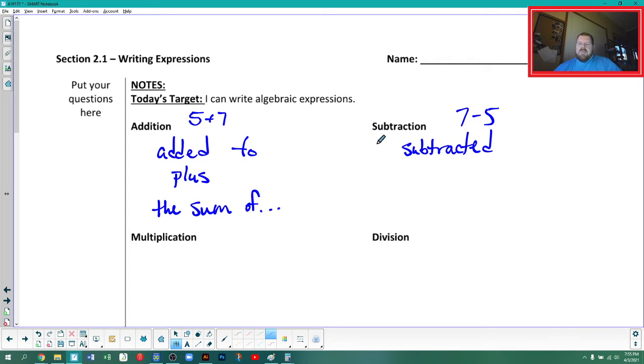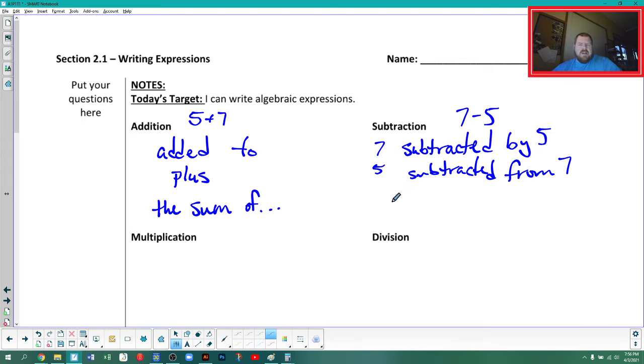So I'm going to include the 7 and the 5 here. 7 subtracted by 5, or I could also say 5 subtracted from 7. Those are two different ways to use the word subtracted and come up with a valid response.